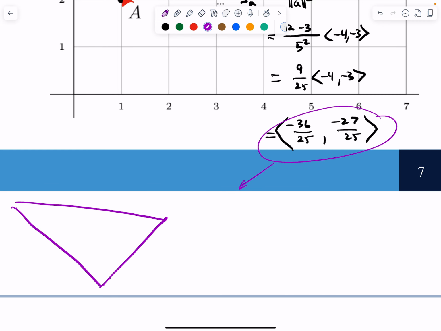So I'm going to have to do, okay. Let's see, the square root of 36 squared plus 27 squared all over 25. That's going to be this length, whatever that is.